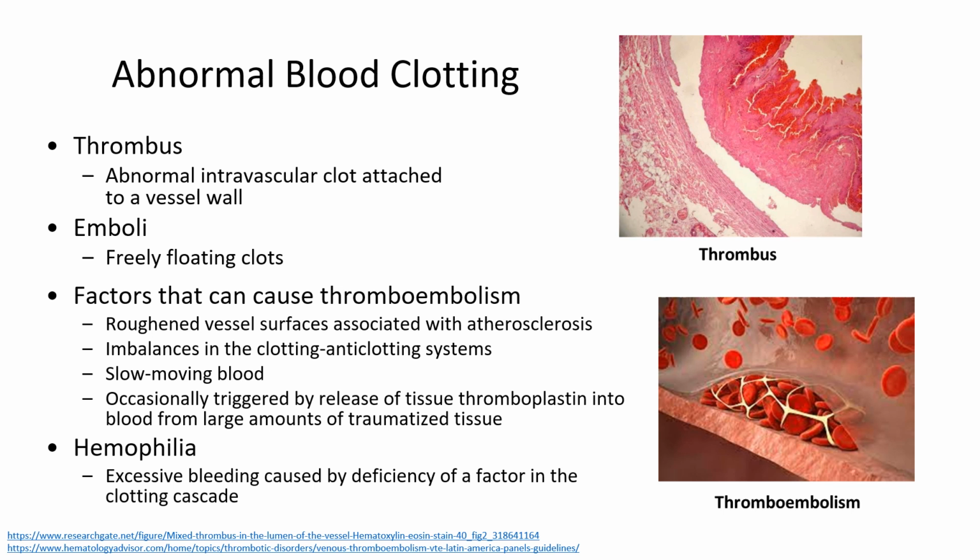So an abnormal clot that's within the vessel that's attached to the vessel wall. An emboli is a clot that is freely floating in the blood. So thrombus is a clot that's attached to the vessel. Emboli is when it's freely floating in the blood.